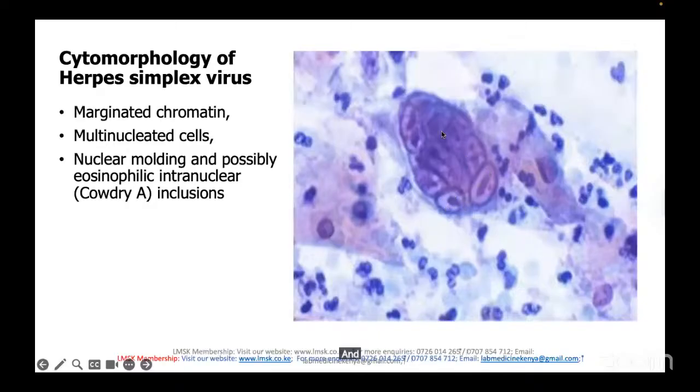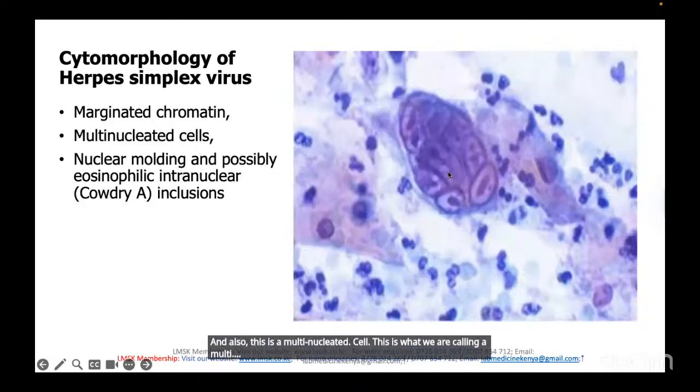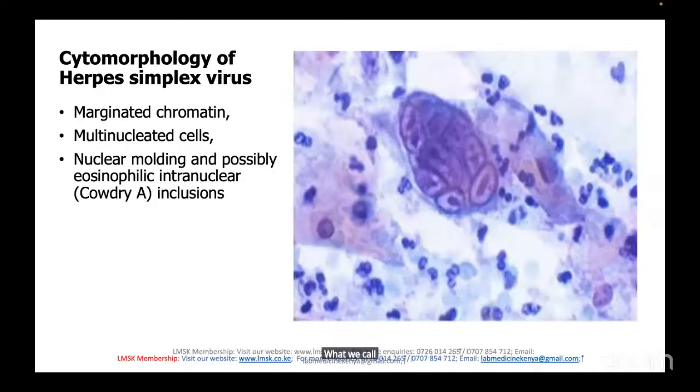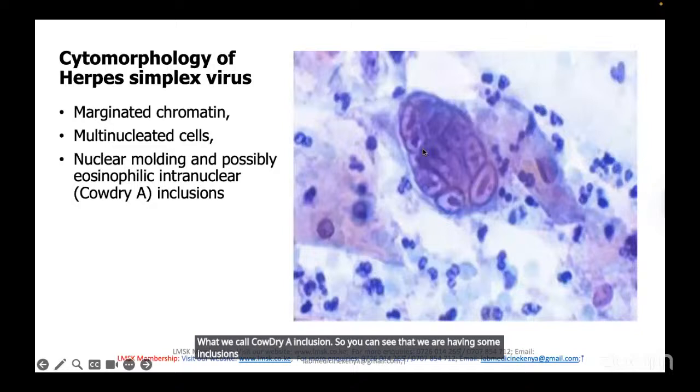And also, this is a multinucleated cell. This is what we are calling multinucleated cells, margination of chromatin, and nuclear molding, and possibly eosinophilic intranuclear, what we call Cowdry A inclusion. So you can see that we are having some inclusions in the cells of interest.